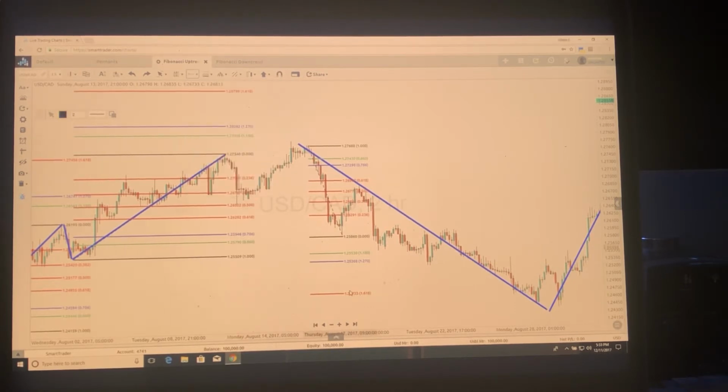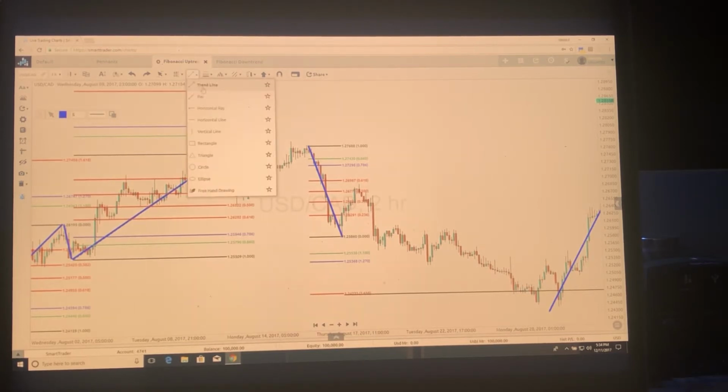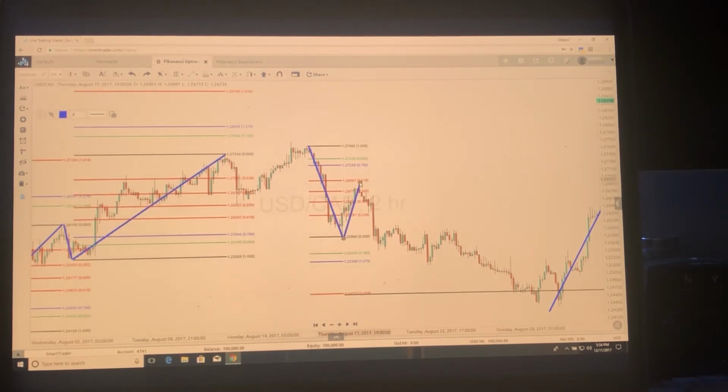I'm going to show you, here's the D extension, and there it goes, A, B, C, D. So I will get rid of this one right here and show you that this market, as it started to fall in a Fibonacci sequence, A, B, right here, C, right here, with D extension.